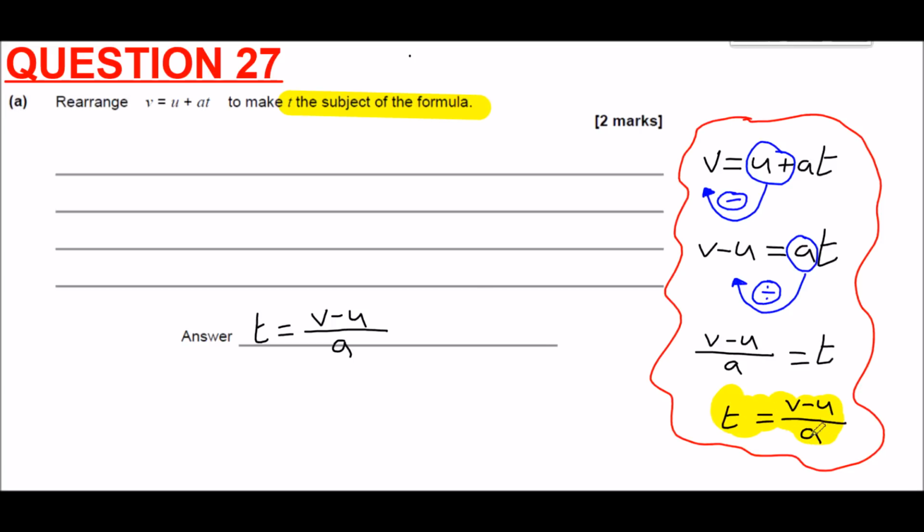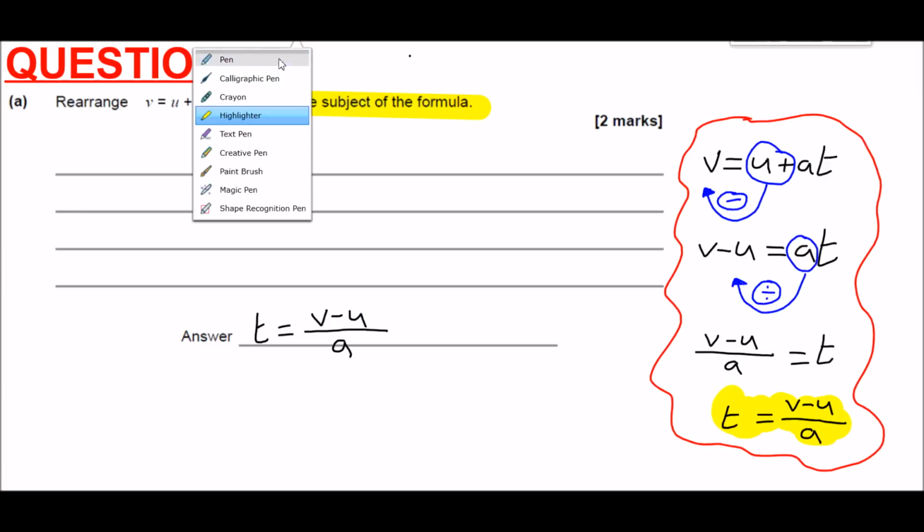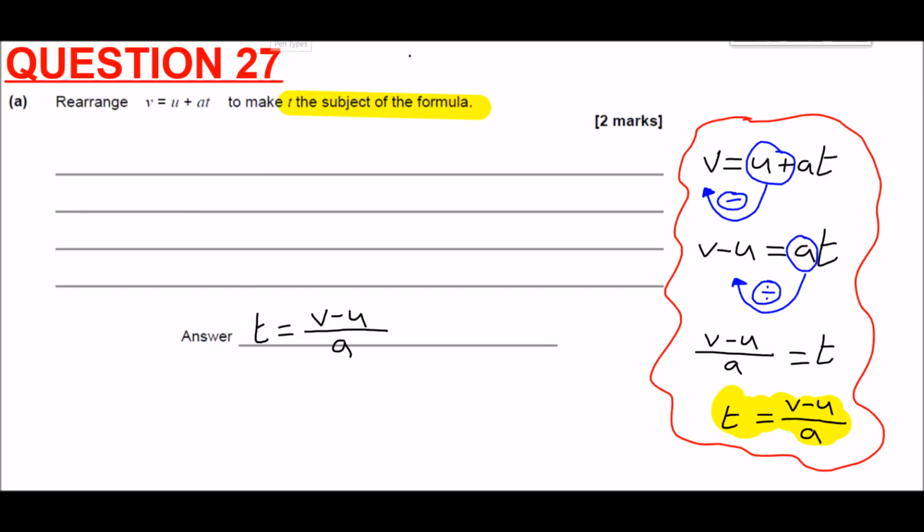I'm going to show you another way, as I promised. A different method we can use for these is to write down the letter or the thing we want to make the subject first, and then ask step by step what happens starting with the letter. And so t comes along, what's the first thing that happens to t? Well, t bumps into the a.